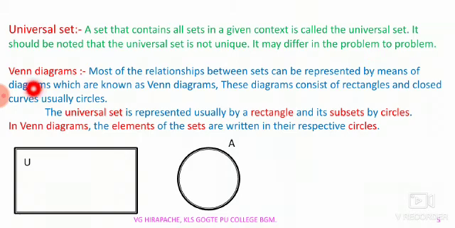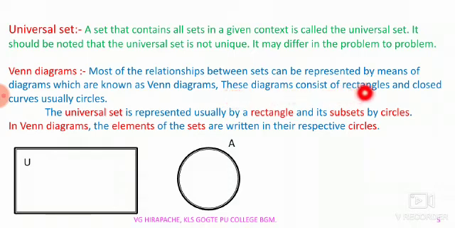Now let me begin with Venn diagrams. What do you mean by Venn diagrams? Most of the relationships between sets can be represented by means of diagrams, which are known as Venn diagrams.